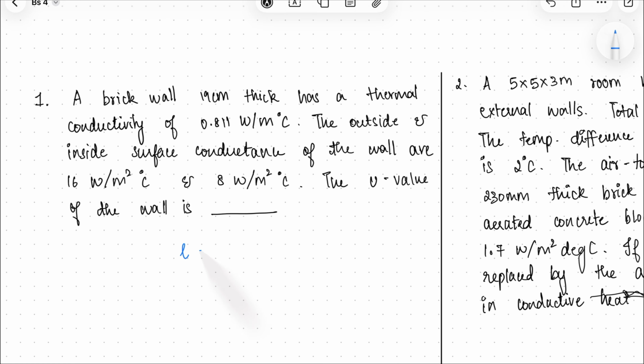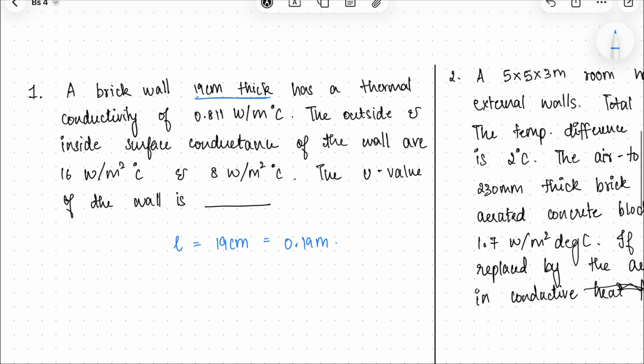So we have length, which is the thickness. It is 19 centimeter and you convert it to meters, so you have 0.19 meter. Then they have given the thermal conductivity of the wall, K, which is 0.811 watt per meter degree Celsius.